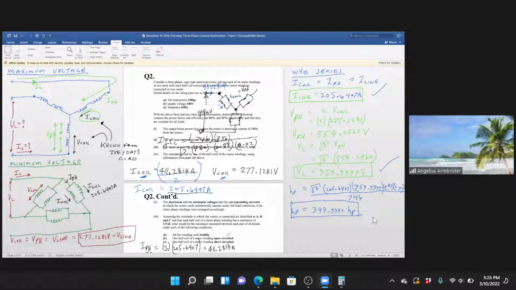Then we could find the line current. I line would be root 3 times 411.2814, which is equal to 712.3603 amps.